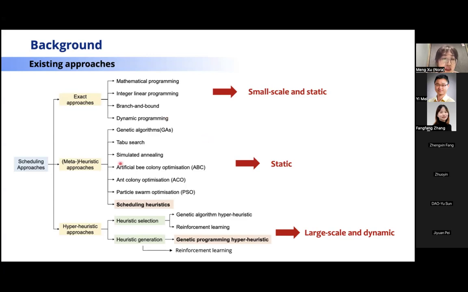And meta-heuristic methods like genetic algorithm, ACO, or PSO can be used for solving some large-scale problems, but they are mainly used on static cases. For dynamic cases, they might need a rescheduling process, so still not very efficient.